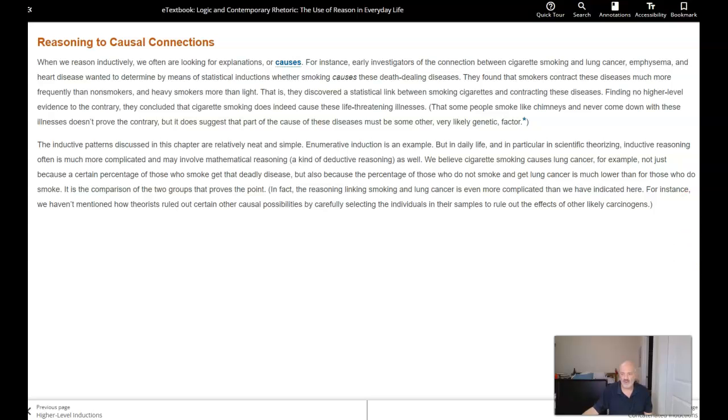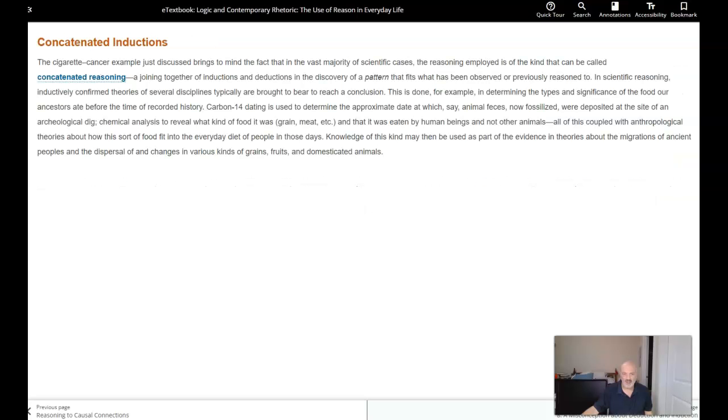You're to come up with your own example that can show the complexity of something similar to that. And then concatenated inductions, again, not something that I'm covering on the quiz, so that pretty much gives you a feel, more than a feel, obviously, of what's on the final quiz, worth 10 points.